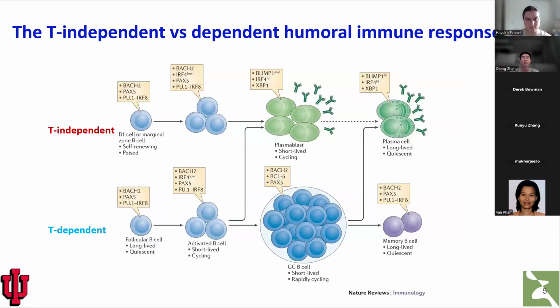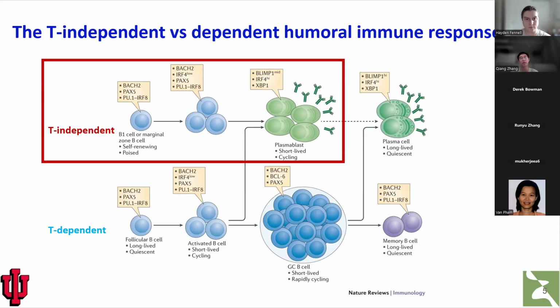So in terms of the IgM response and the IgG response I mentioned early on, that is actually mediated by two different responses. One is called the T cell independent response, which means a subset of B cells will be able to respond to what we call polyclonal antigens of the pathogens, such as lipopolysaccharides and some DNA fragments of pathogens.